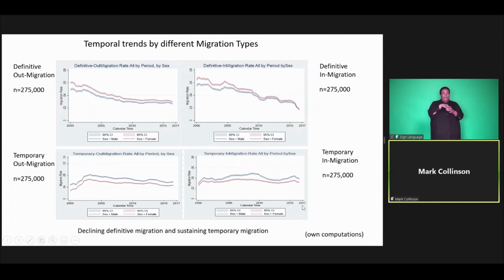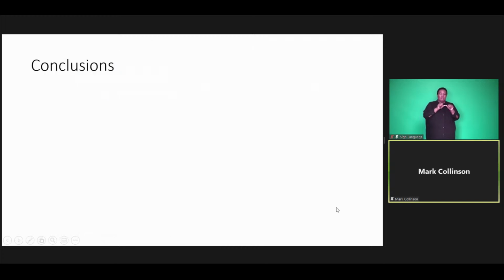The trend of temporary in is very interestingly flat, which means people are returning back from wherever they were working back into these rural populations consistently across these nodes, and that this is quite a high level of a migration rate. So we want to report a declining in definitive migration, whereas a sustaining of temporary migration.